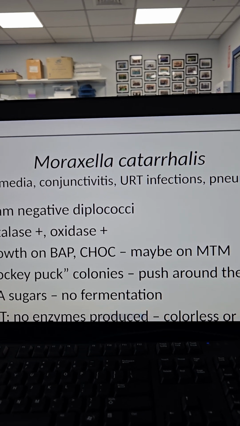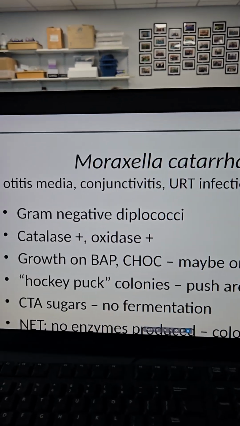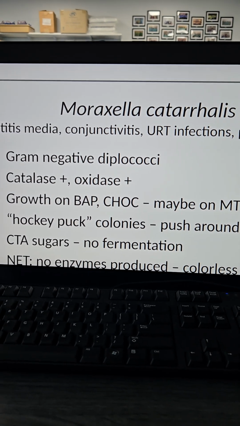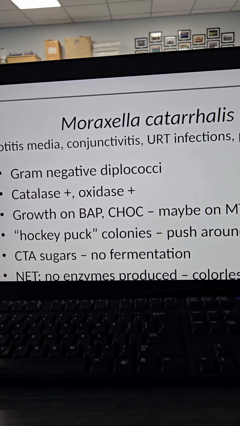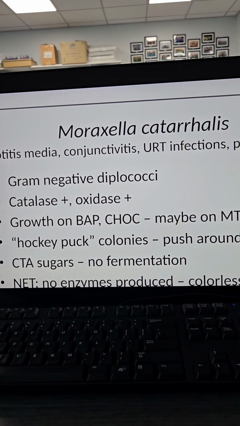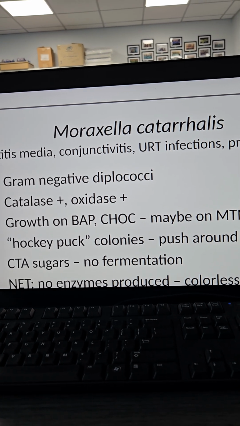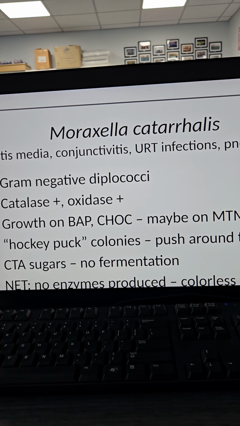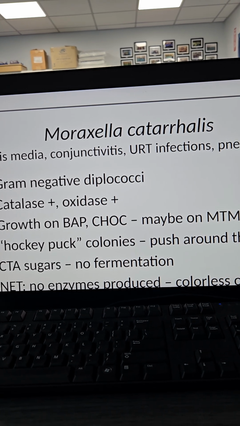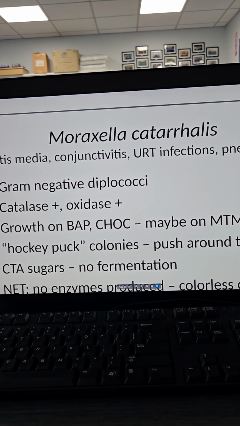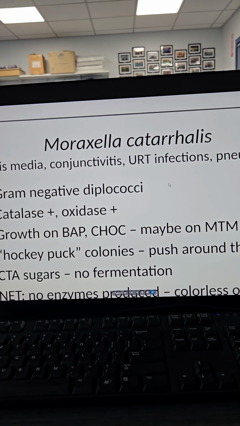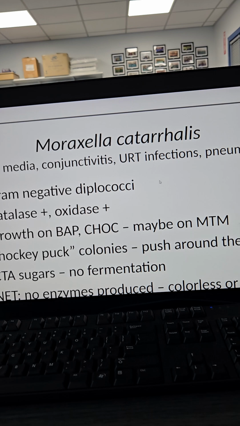Moraxella catarrhalis is catalase positive, oxidase positive. It's a gram-negative diplococci. Moraxella catarrhalis tends to not be intracellular, but it could be. It's just not going to be chock full of them.